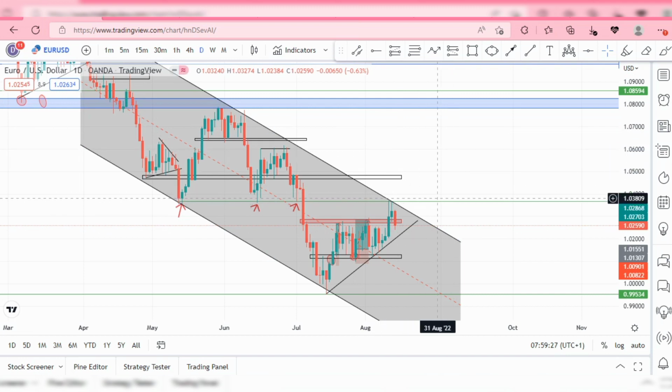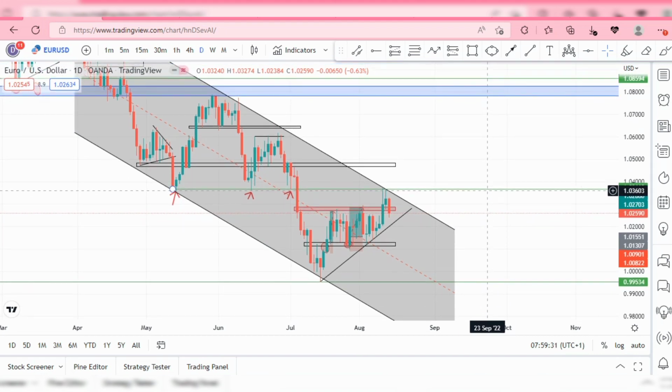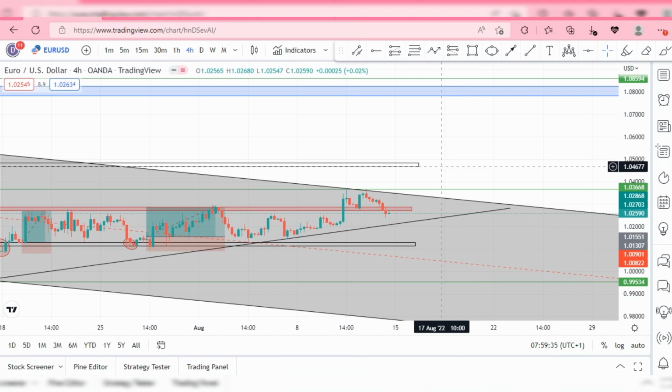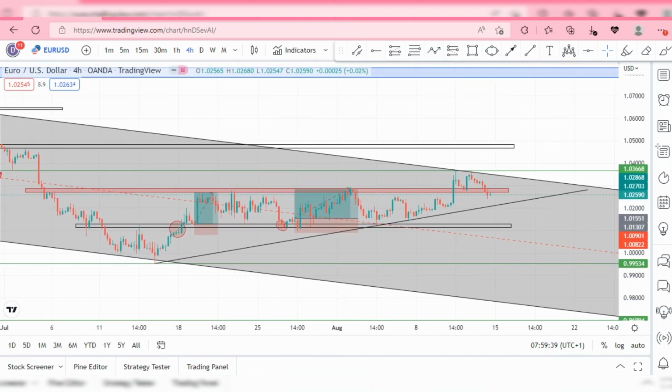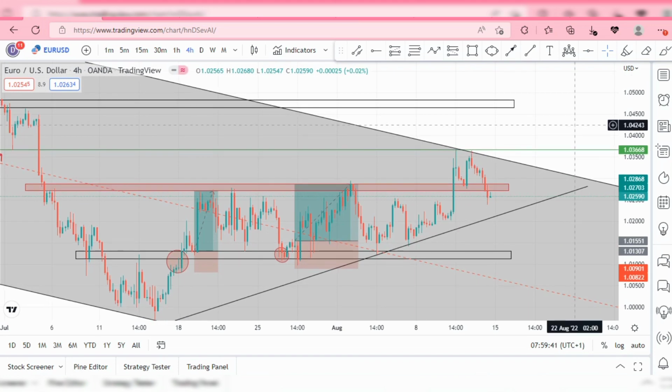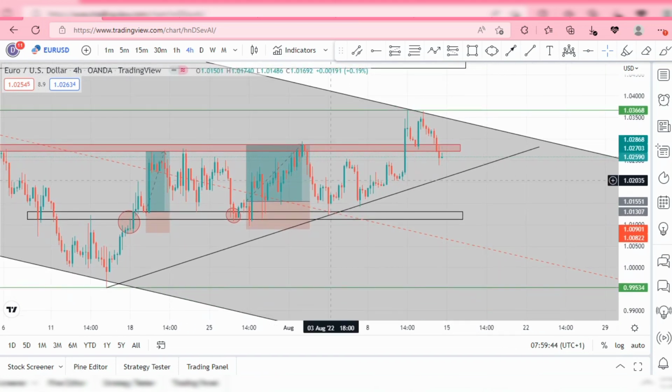But again, everything has pointed towards price going towards the downside. So if we go to our 4-hour time frame, we can see that I have plotted this trend line.